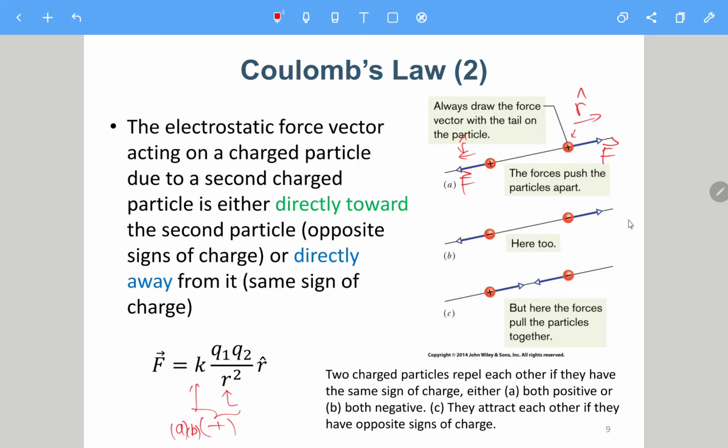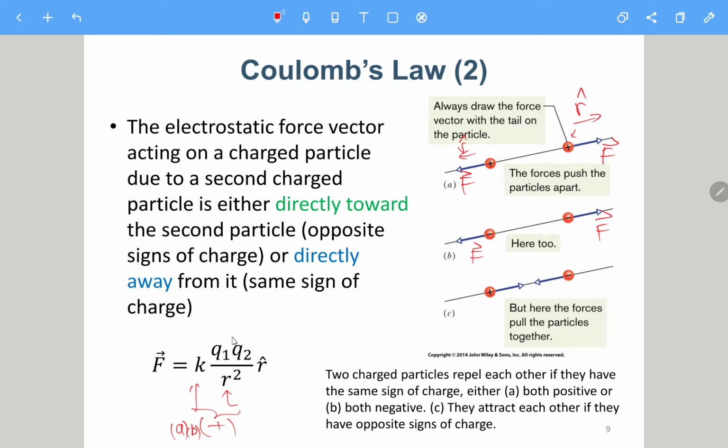So the force points to the right side for the right particle and the left side for the left particle, which means that for both cases, these two charges repel each other. So if they have the same polarity of charges, they will repel each other. And for case C, one is positive, one is negative. k is positive, r squared is positive.